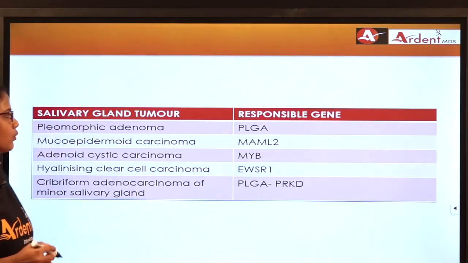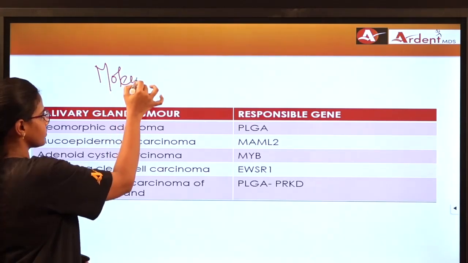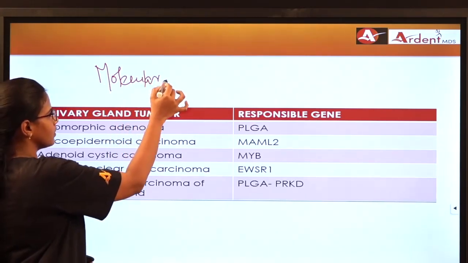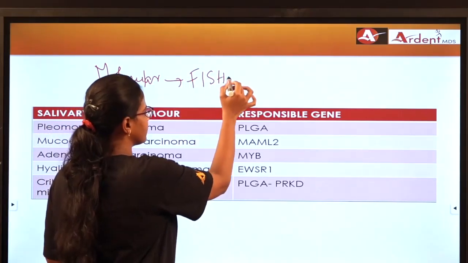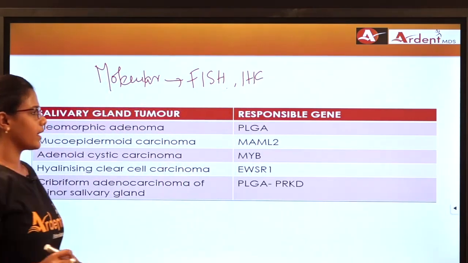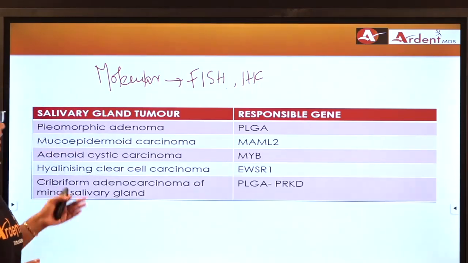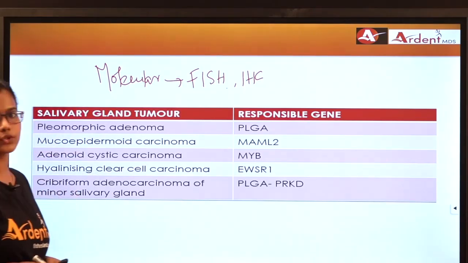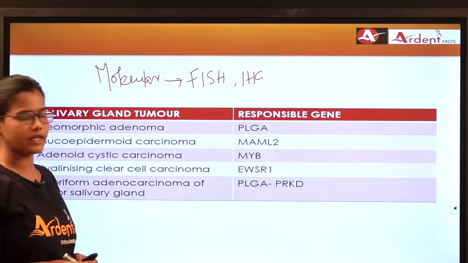And then comes the molecular method. The recent molecular studies like FISH and IHC have found that several genes are responsible for several salivary gland tumors. So you should be familiar with the genes associated with your salivary gland tumors.